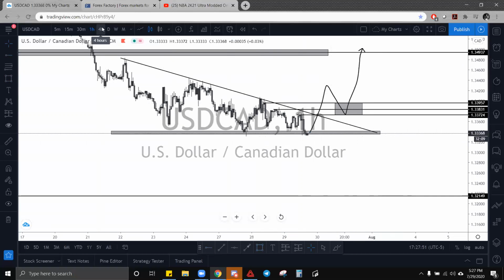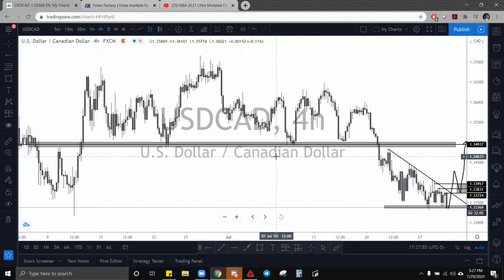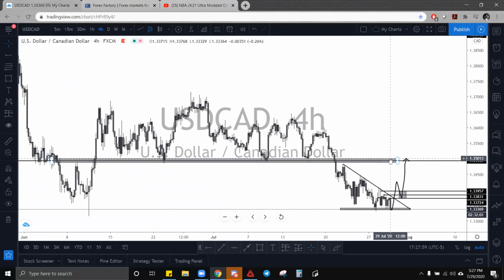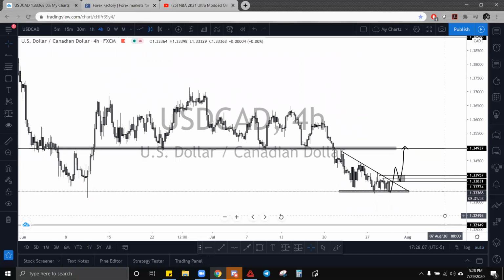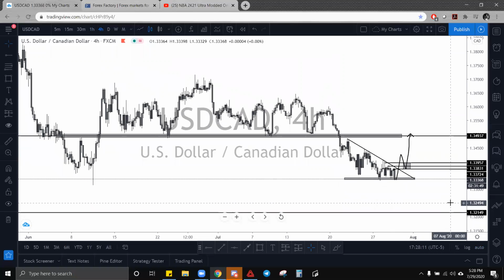And then if you go to the 4-hour time frame, it would go all the way up to here and stop, because this would be the retest of this previous support. Yeah, resistance. That's actually what I was trying to trade, this move right here.